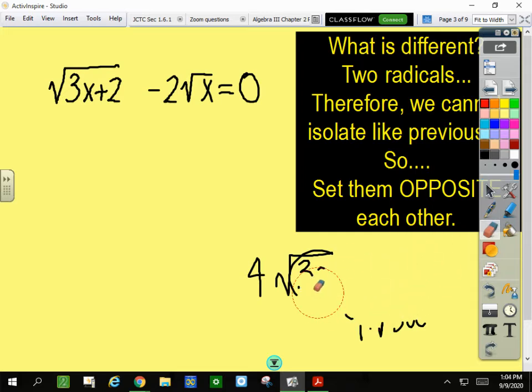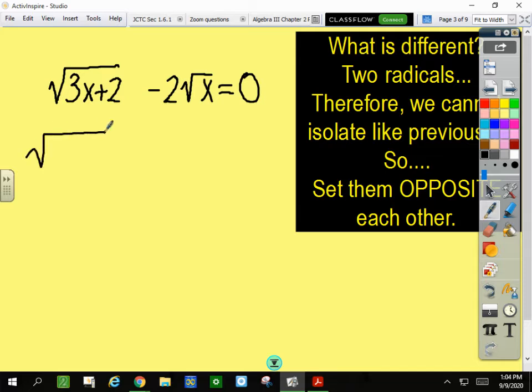It's kind of like combining like terms. So we don't have that. One has 3x plus 2, the other just has x. So what we're going to do is put them on opposite sides. So I'm adding one to the other side. Now we will square both sides.